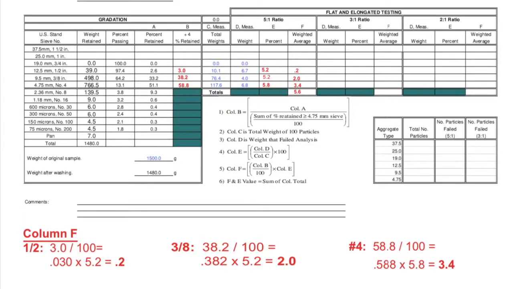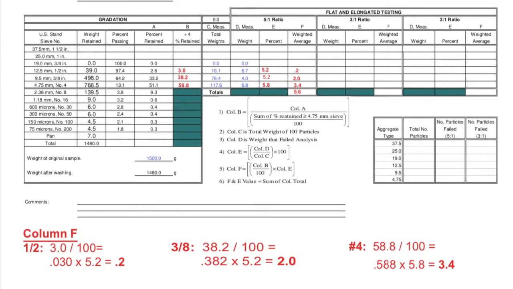So let's move on to the 3/8 sieve. 38.2 divided by 100 times 5.2 yields us a 2.0. The number 4 sieve, 58.8 divided by 100 times 5.8 yields us a 3.4. You add those three values, 0.2, 2.0, 3.4, for the three corresponding sieves, gives us an answer of 5.6% on the 5-to-1 ratio.